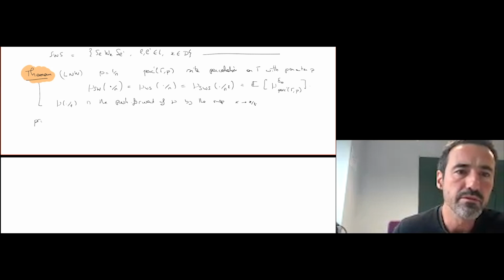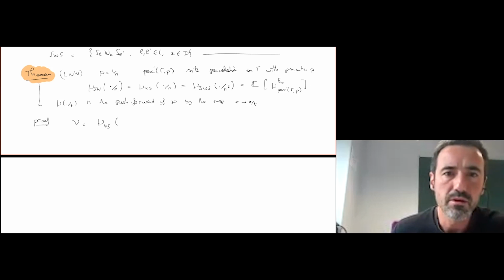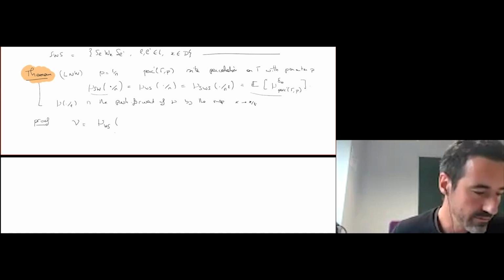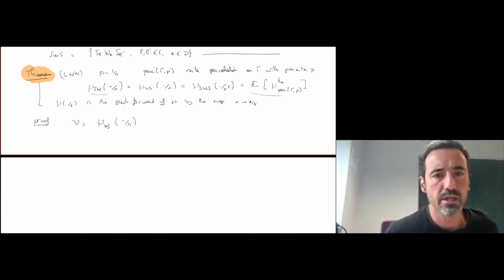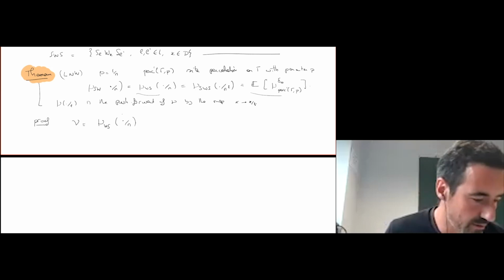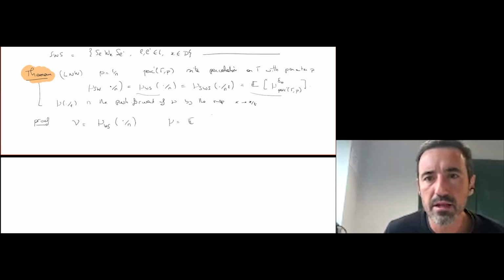So let's prove this theorem, because the proof is quite neat. I will just prove that this is equal to that, because the other cases are the same. For ease of notation, I will divide by n. So I will call mu this rescaled spectral measure, and I will call mu the spectral measure on the right-hand side.